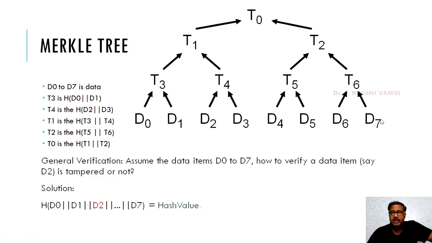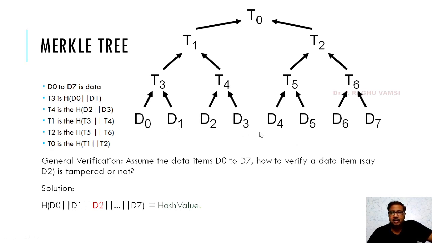And if the verifier wants to see whether the data item D2 has been tampered or not, he needs to have the remaining data items also.